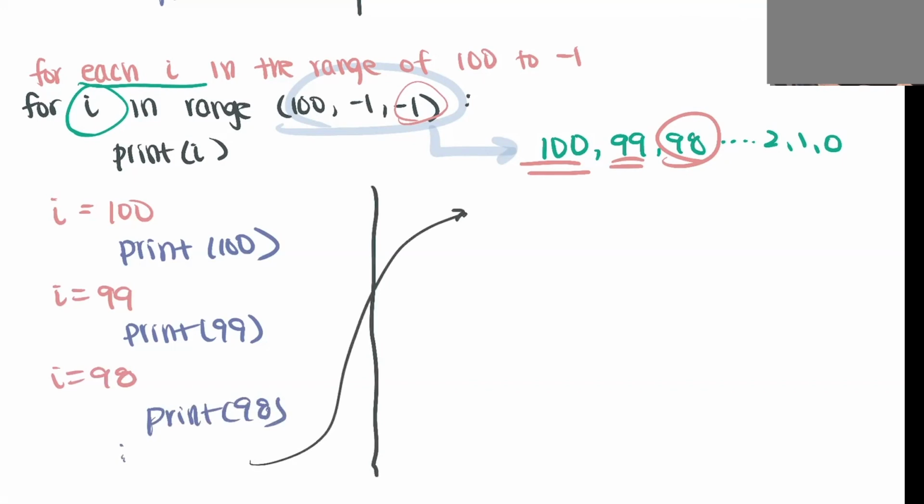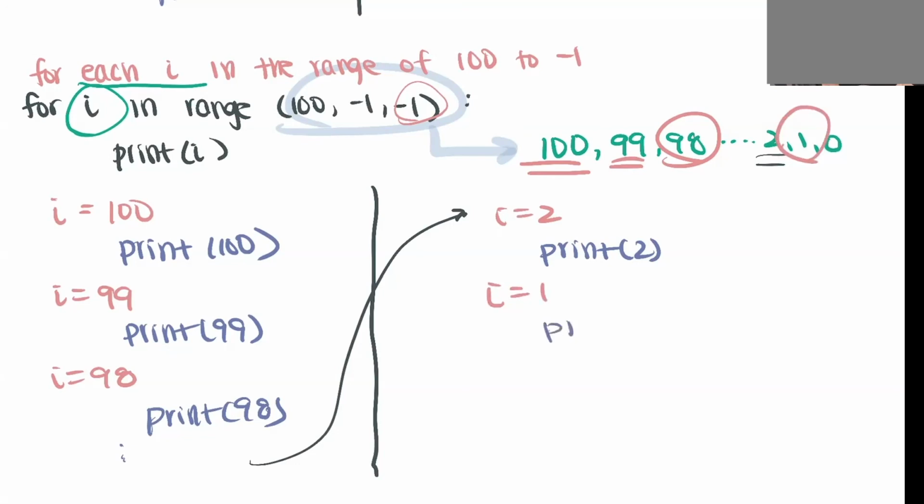Till we get to, let's say, I is equal to 2. So we fall inside the code block, we print I, so we print 2, and then we're done with that. We circle back up and get the next number in the range, which is 1. So now I is equal to 1.